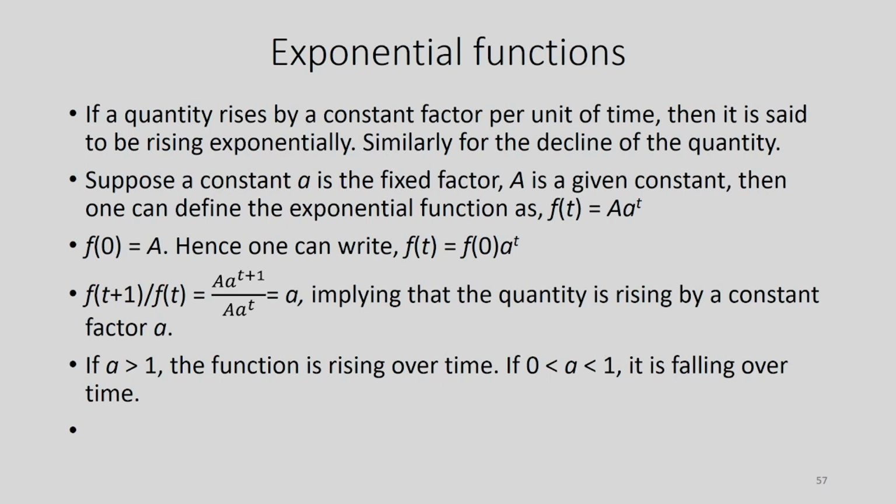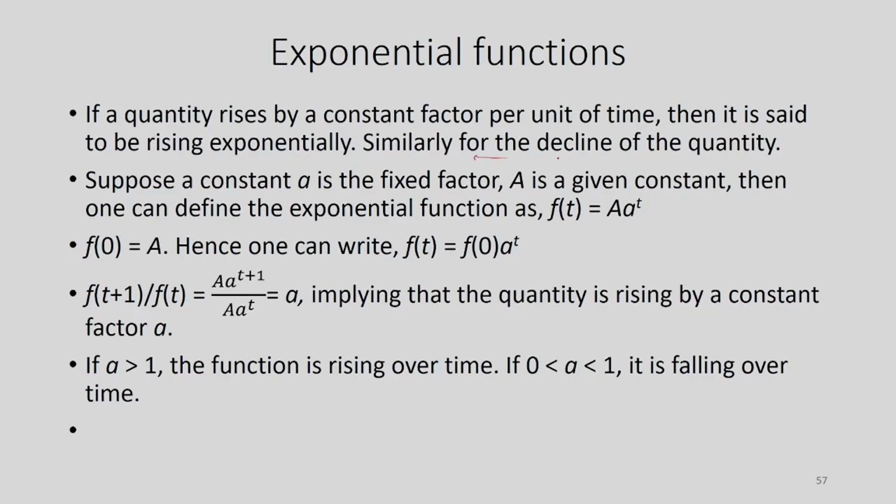Time here is the independent variable, but the quantity in question is rising by a constant factor per unit of time. So, maybe it is getting doubled every year, that will be like rising by a constant factor, or it could be going down by a constant factor also, it can decline, but the decline is also by a constant factor. If that is the case, then we can say that this quantity is rising or declining exponentially.